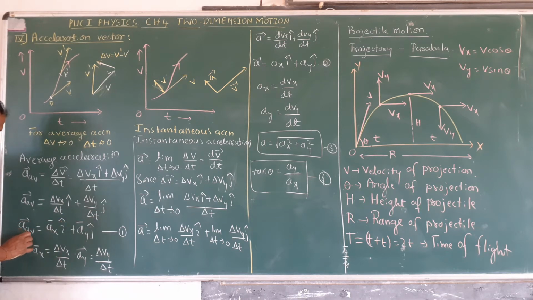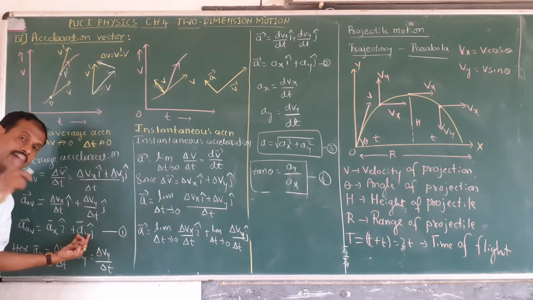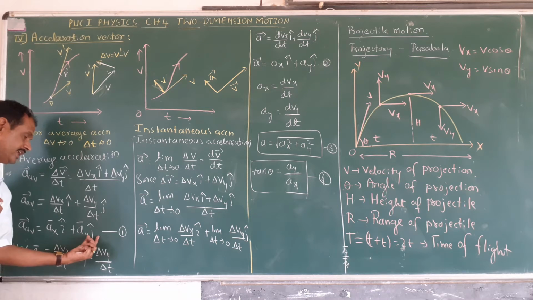Now average acceleration is equal to the average acceleration along the x axis into i cap plus the average acceleration along the y axis into j cap.